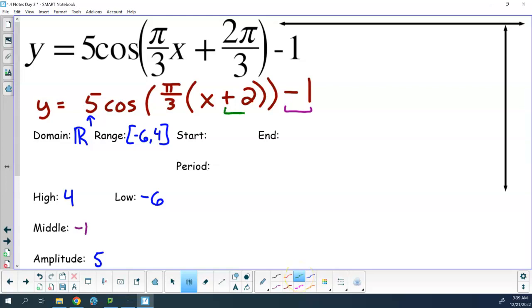This value here tells me what? My start, but I think oppositely, so it's -2 is my start. This value here is my B value, so 2 pi divided by pi over 3 is going to be 6.